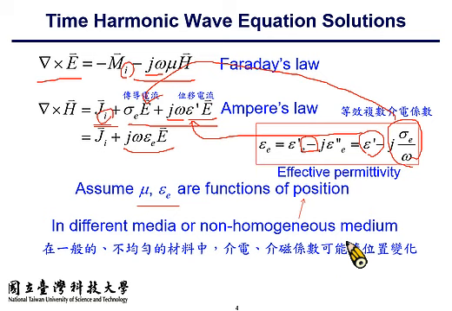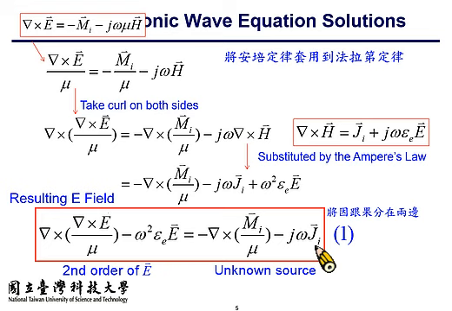But in the following derivation, and most likely what we will encounter, we're dealing with homogeneous material, so that the mu and epsilon can be written as constants within these equations. Okay, so the same thing can be applied to Faraday's law and Ampere-Circuital law.